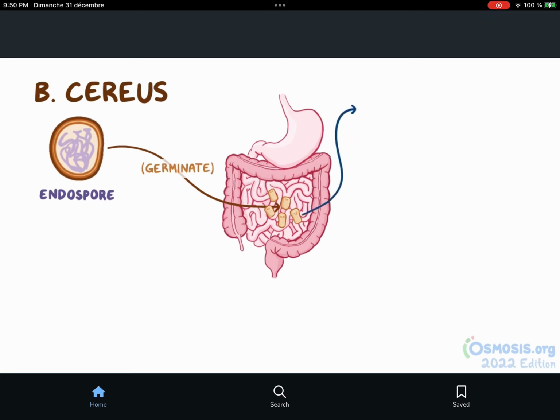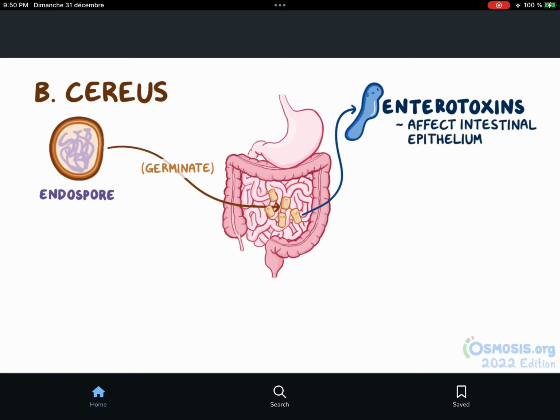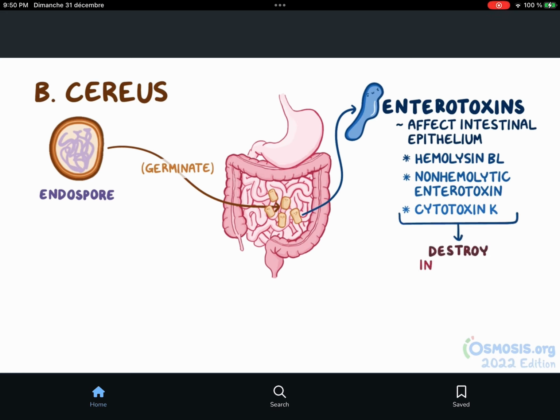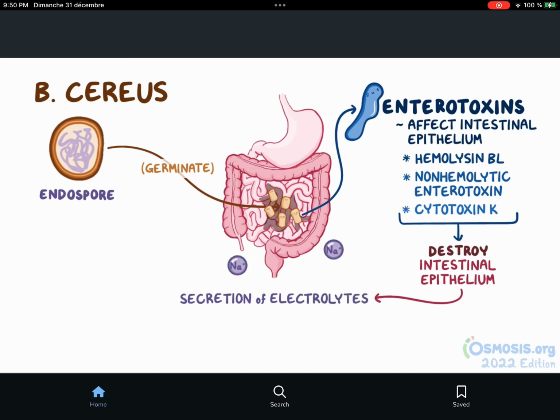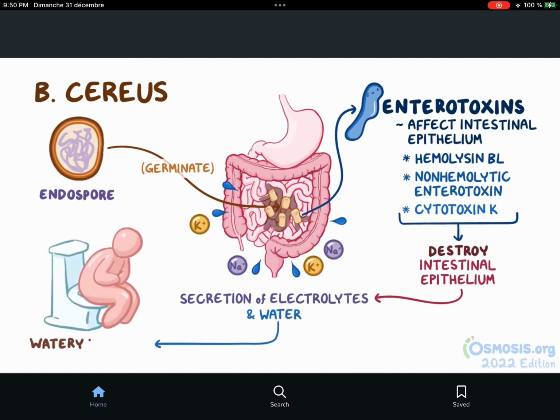Here they produce other toxins, called enterotoxins, because they affect the intestinal epithelium. There are 3 types of enterotoxins: hemolysin BL, non-hemolytic enterotoxin, and cytotoxin K. All of these enterotoxins destroy the intestinal epithelium, triggering secretion of electrolytes, like sodium and potassium ions, and water into the intestinal lumen, resulting in watery diarrhea.